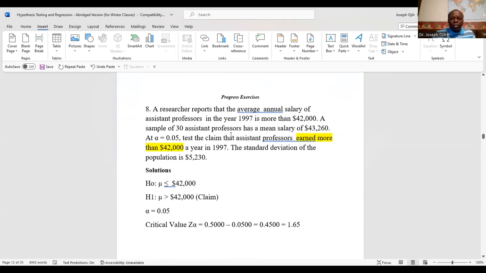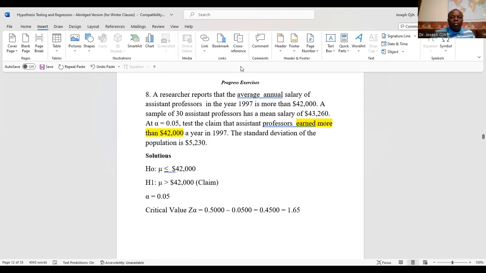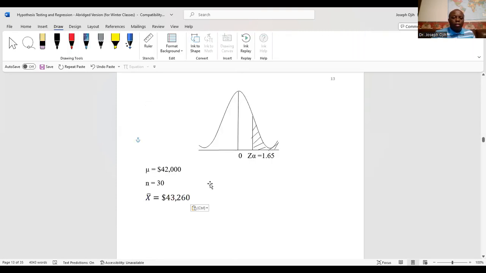Then this is the standard deviation. The standard deviation of the population is 5,230. So I'm gonna go there and put it. I'll go down and put the standard deviation. Okay.